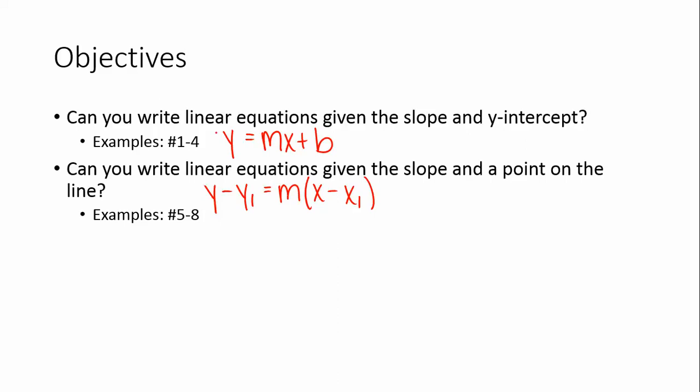For this first objective, we used slope-intercept form: slope, m, intercept, b. For the second objective, we used point-slope form. Notice that it contains the slope and a point, x1, y1, on the line. So the names of the equations give away the pieces of information you can obtain from them.